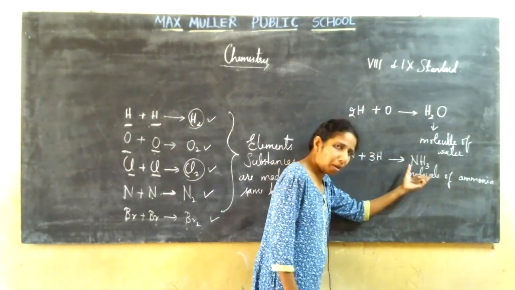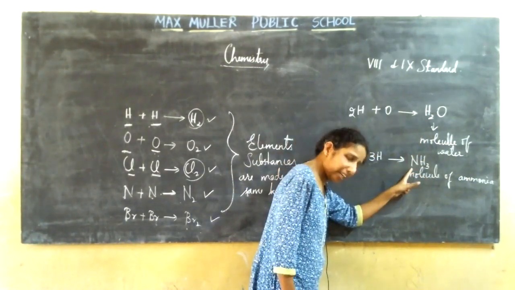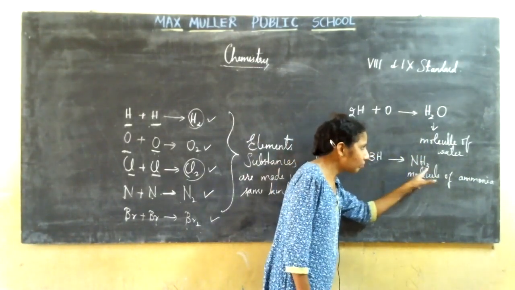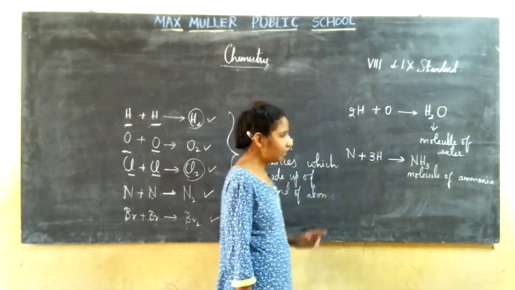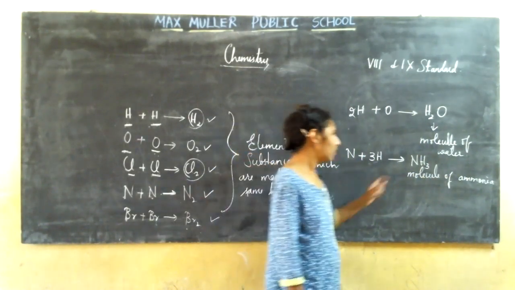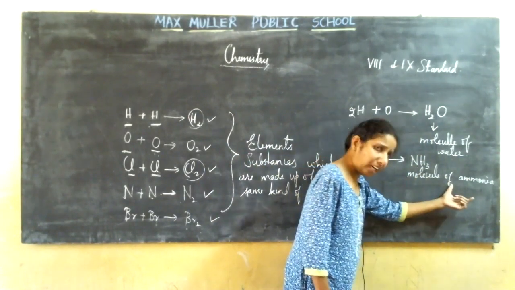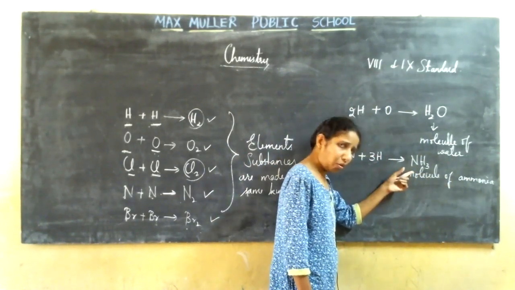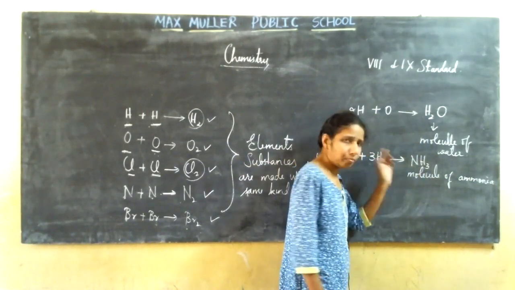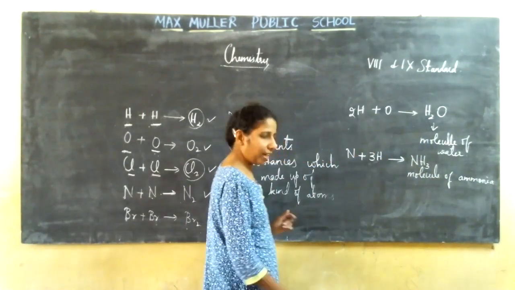This molecule of ammonia contains 1 atom of nitrogen and 3 atoms of hydrogen, isn't it? Now NH3 represents 1 molecule of ammonia which contains 1 atom of nitrogen and 3 atoms of hydrogen. Did you people understand this?